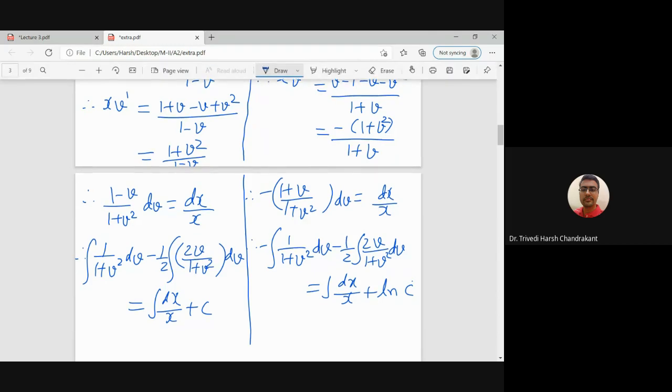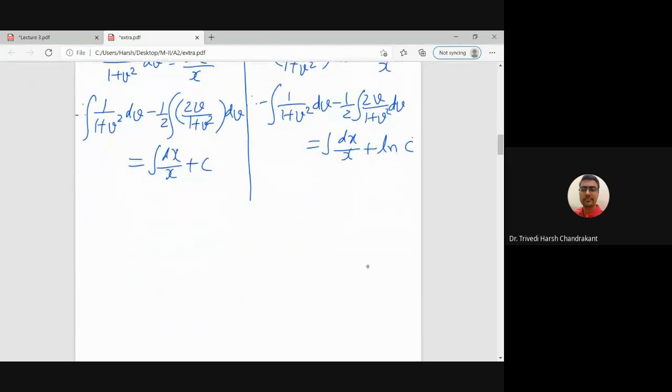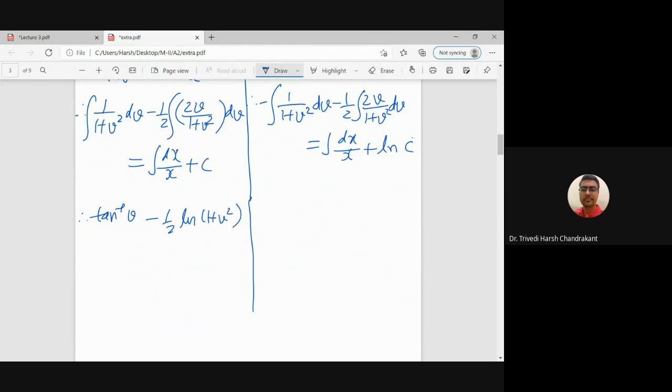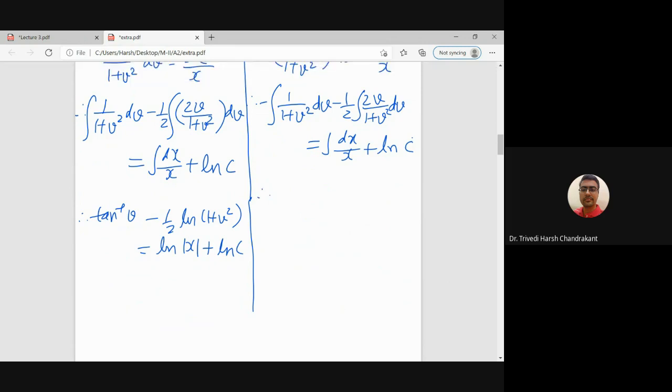So now we know the integral of all these terms: this is tan inverse v minus half log 1 plus v square is equal to log mod x plus, yes, here also we can consider log c, so we'll get the answer in a better form. So this will become minus tan inverse v minus half log 1 plus v square, log mod x plus log c.